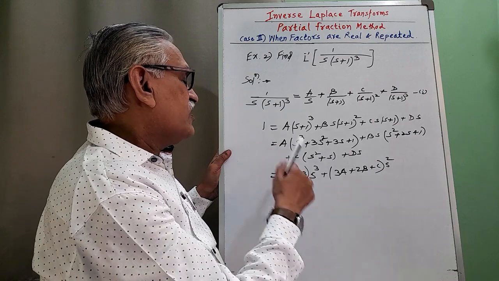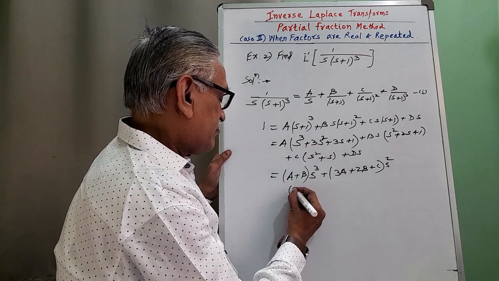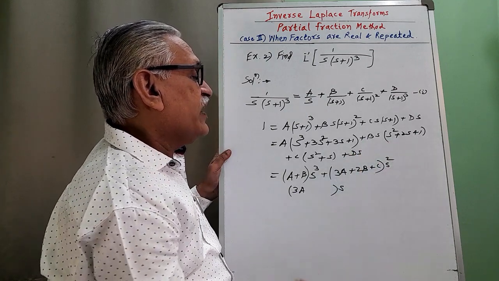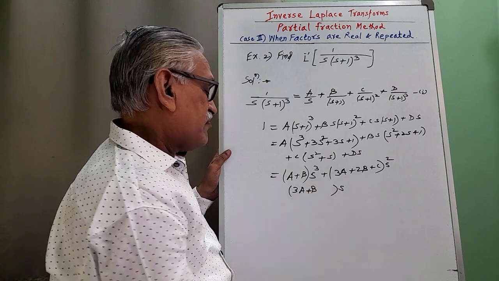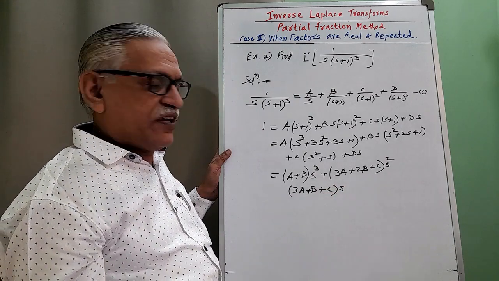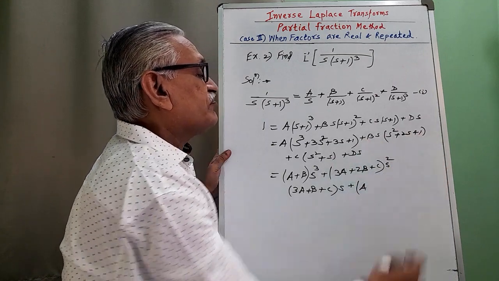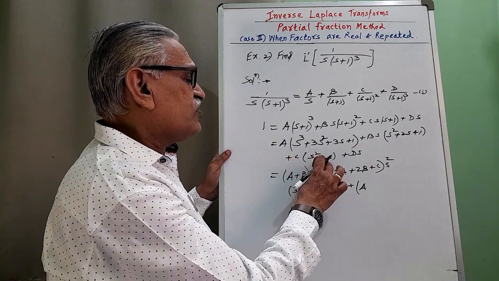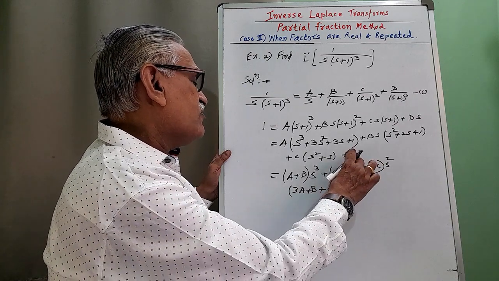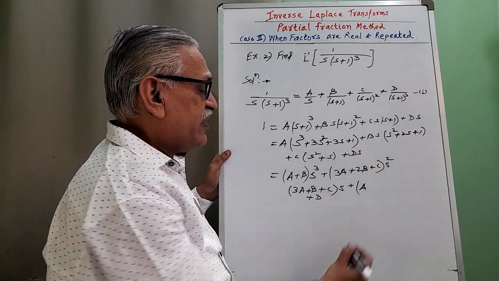Then collecting the terms of s, therefore 3as, then bs, and cs, therefore 3 terms of s, and plus ds. And then the constant term is only a.